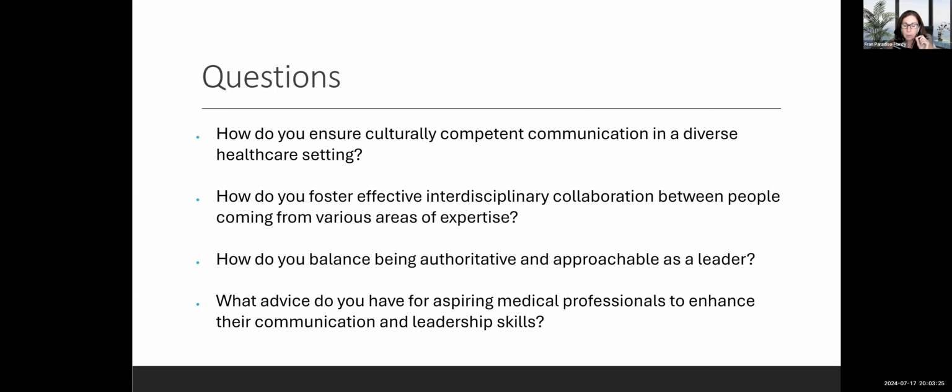But the most important takeaway that I would like everyone to walk away with is that leadership is about people. It's not about power. And so if you think about leadership being about people, what is it that a leader must do?